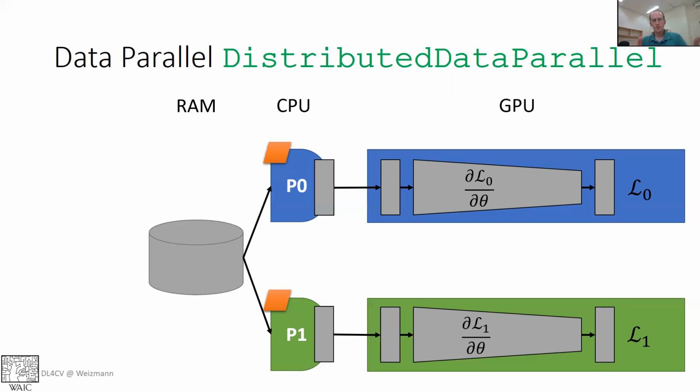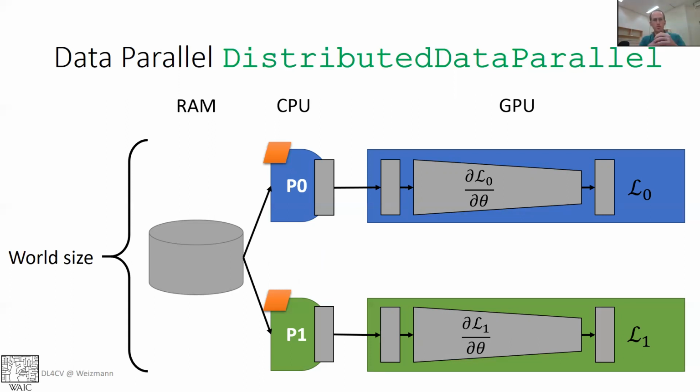Before we delve slightly deeper into the details, a few technical terms that are used when you program distributed training. First of all, the number of GPUs, or the number of independent copies of the program that are running, is called the world size.